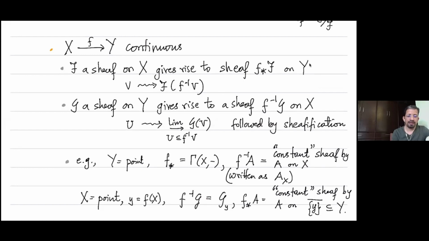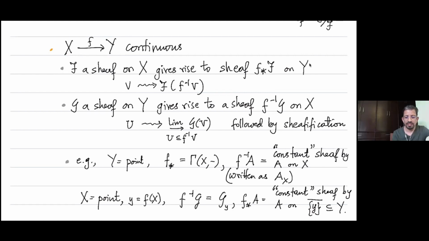And I can try to go in the other direction. So start with a sheaf on Y, call it G, and then I can try to construct a sheaf on X. This is how one does it. It's called f inverse G. Now the situation is complicated because for an open set in X, I don't have a natural way of assigning an open set in Y. So what we do is look at all those open sets which contain the image of the open set.